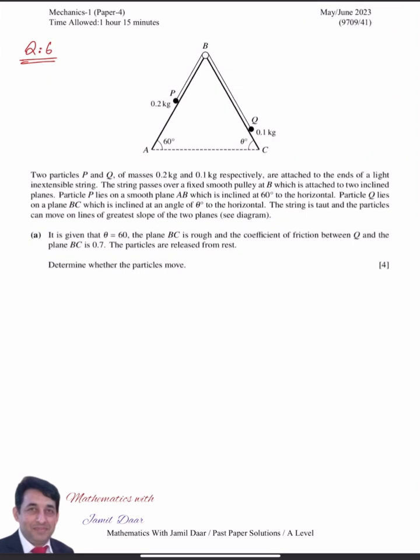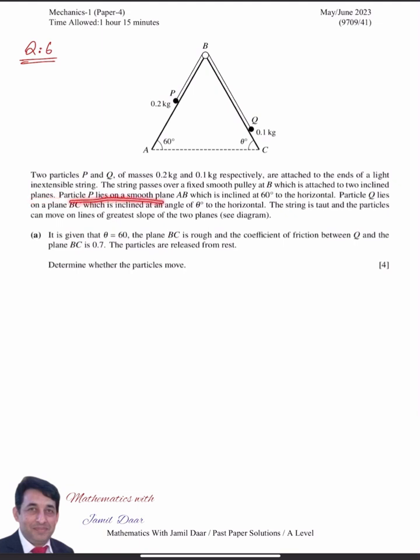Got it? Okay, this is question number 6, and you are given this diagram in which two particles P and Q are on the surfaces. Two particles P and Q of masses 0.2 kg and 0.1 kg are attached to the ends of a light inextensible string. The string passes over a fixed smooth pulley at B, which is attached to two inclined planes.